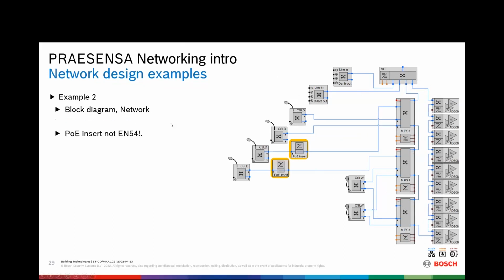We can fix the call stations here to get power from a PoE insert device. So that was the device which then gets external power feed and gets the power into the unit. And then these devices will also be powered. So do not use these call stations in this case for evac, because the power source of this device is not EN54 compliant.